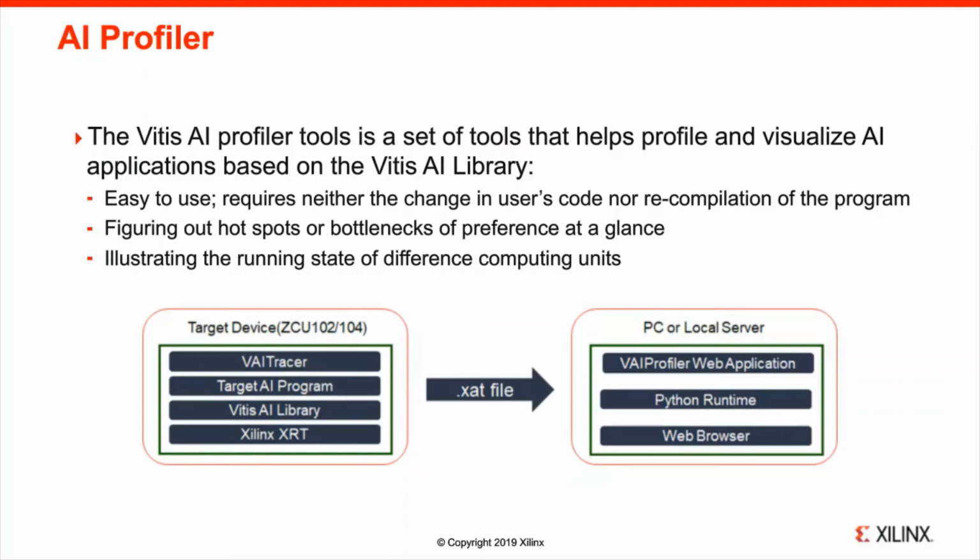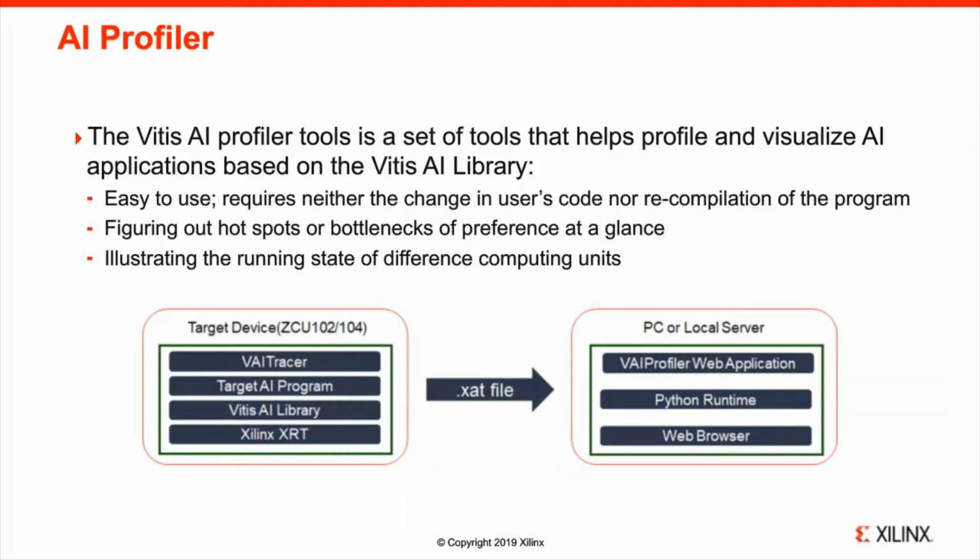The generated profiling results will be saved as .xat files, which can be sent to the local server for observation. On the server side, when we receive this XAT file, we can simply open a web browser to see a visualization result of the profiling.